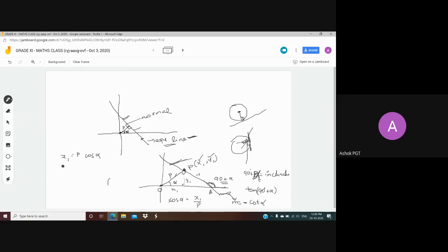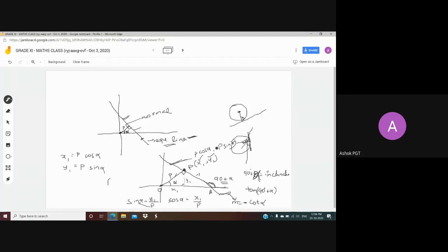Students, are you clear? Similarly, y1 can be written as p into sin alpha. For this triangle, sin alpha is opposite divided by hypotenuse, hence y1 can be written like this. So here we calculated the x1 value and y1 value. x1 is p cos alpha and y1 is p sin alpha.